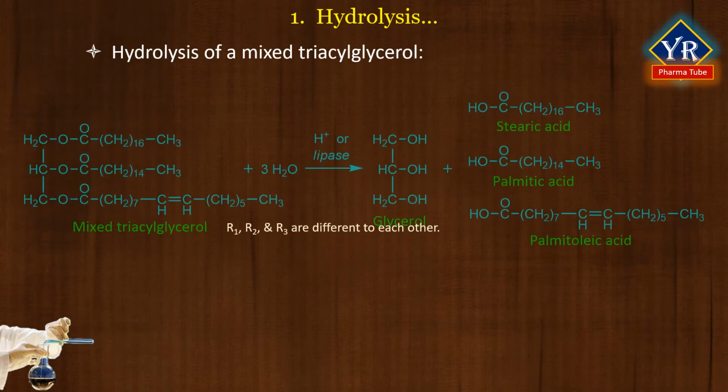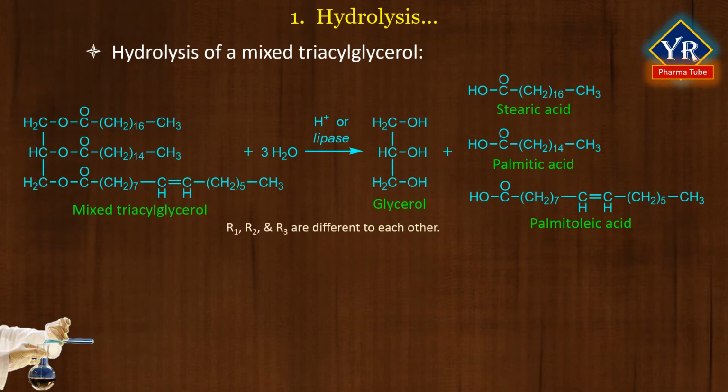Triglycerols that contain different R groups bonded to the carbonyl carbons, which means a mixed lipid, form mixtures of fatty acids as shown in this reaction. At C1 of the glycerol, the R group, that is the fatty acid, is stearic acid having the chemical formula C18H36O2.